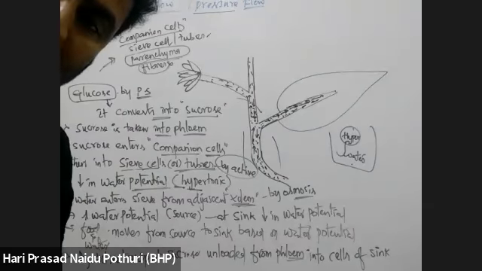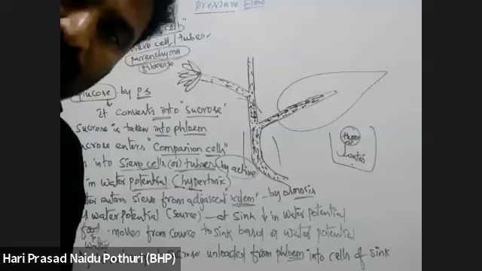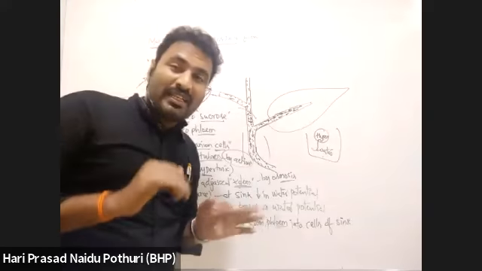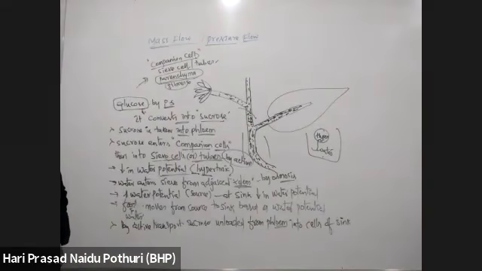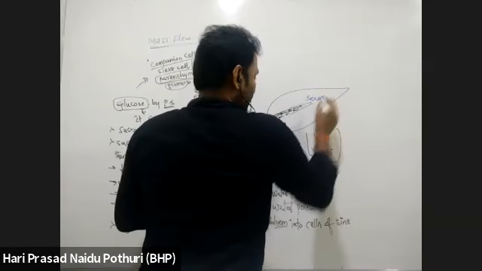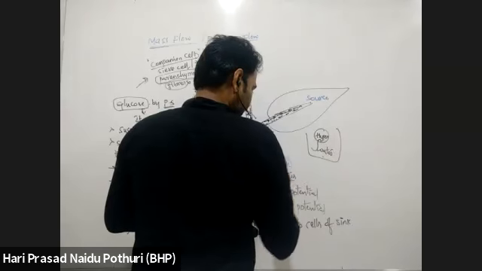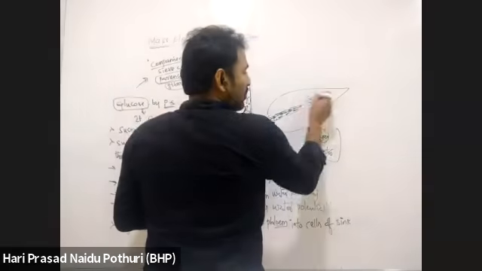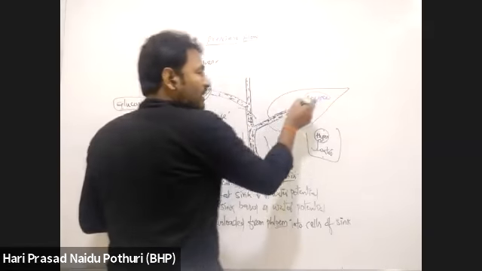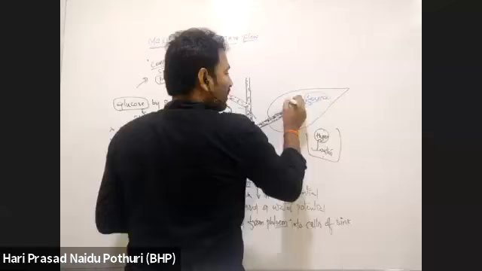Why is there a decrease in water potential in the sink? What is your doubt? Actually, there is no decrease in water potential at the sink. Suppose this is the source and this is the sink. Here sucrose enters the phloem. Before entry of sucrose into the phloem, they have the same potential.